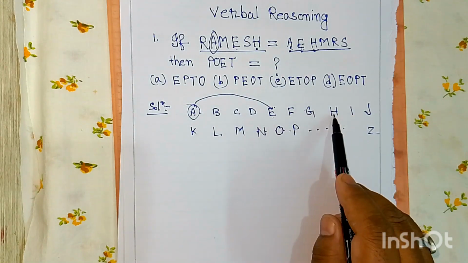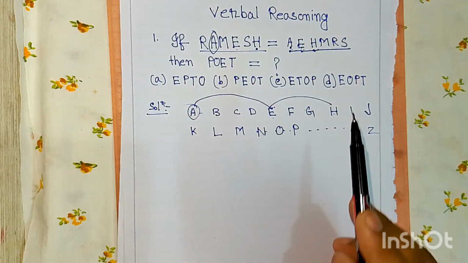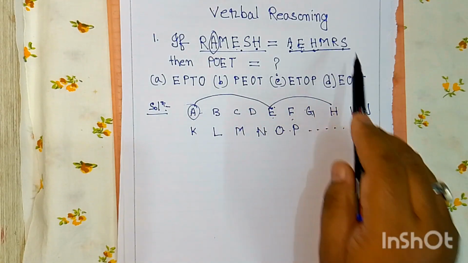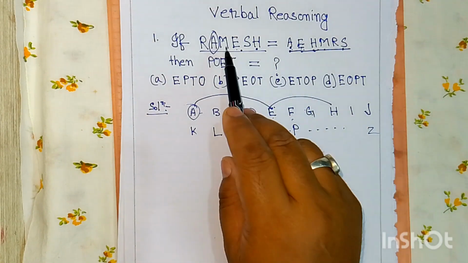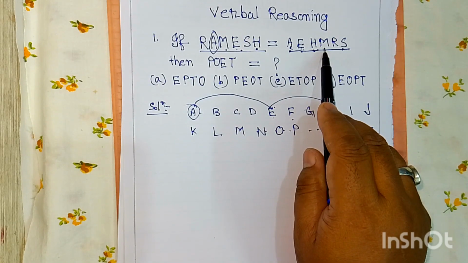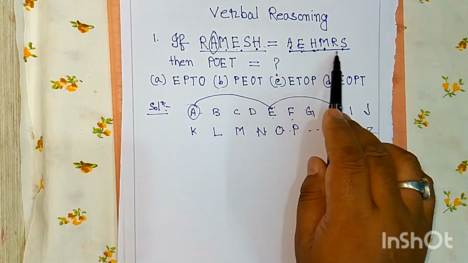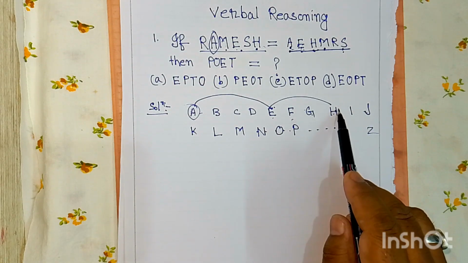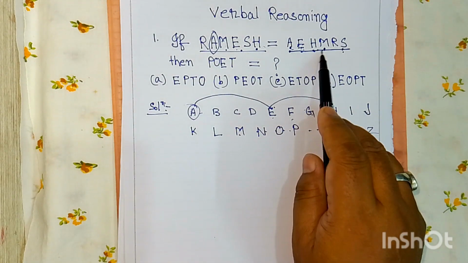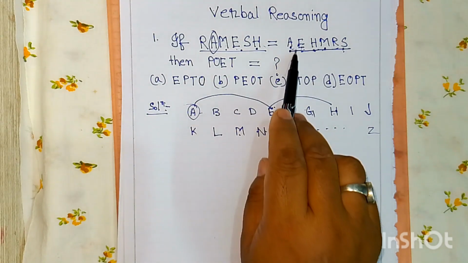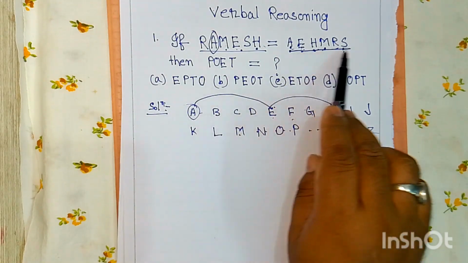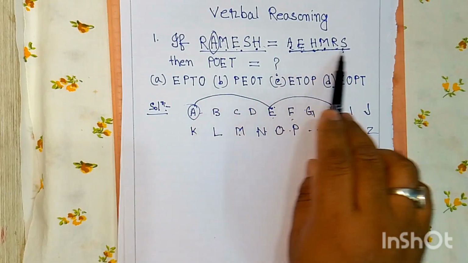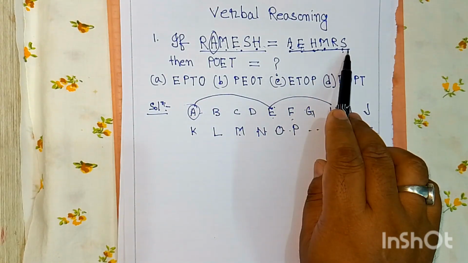After E, if we see in the order, H is what we get, since F and Z are not here. Then M is also here. So after H, M comes. It means that the coded word follows the dictionary order, and the alphabets contained here maintain the dictionary order.